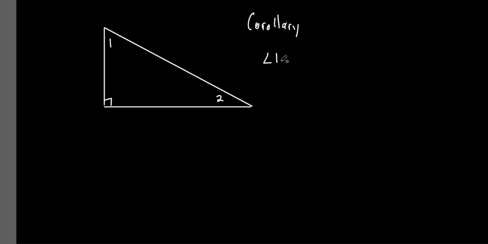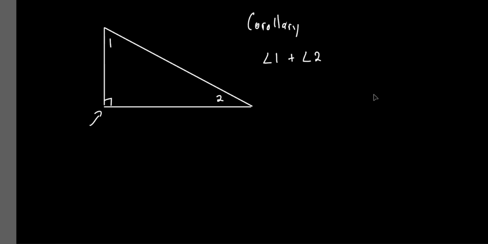What does angle 1 plus angle 2 equal? How many degrees is this right there? It's 90, okay? So 1 and 2 would add up to 90. That's right. Okay, how did you get that?